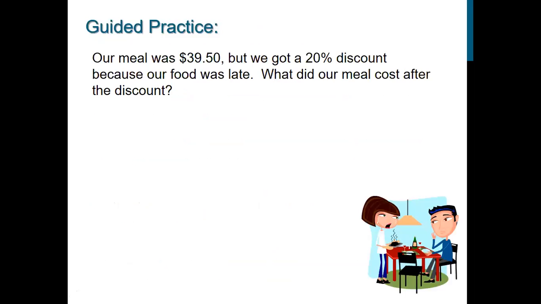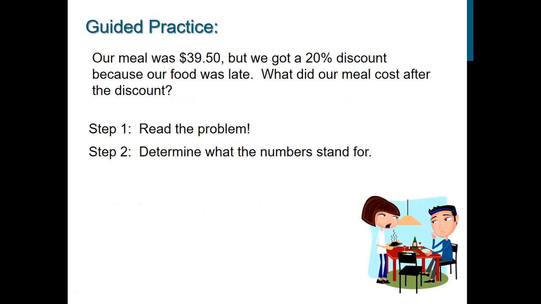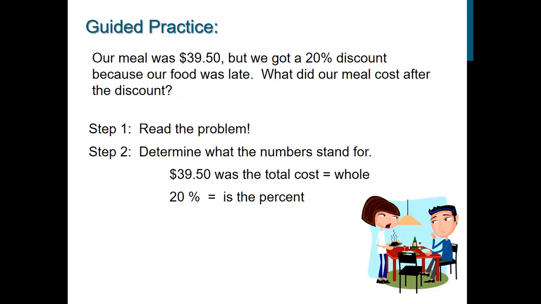All right, here's the last one. It says our meal was $39.50, but we got a 20% discount because our food was late. What did our meal cost after the discount? So we read the problem, determining what the numbers stand for. $39.50 is the total cost, so that's the whole. 20 is the percent.